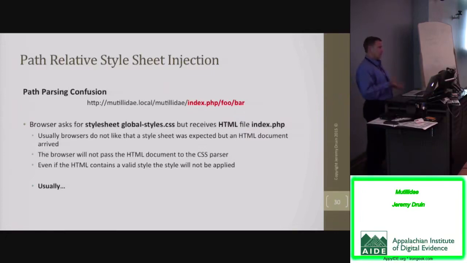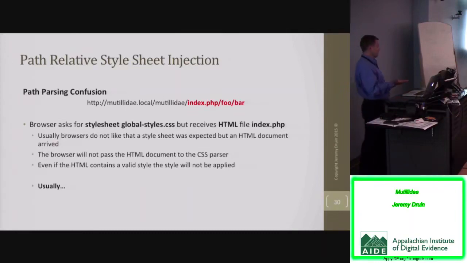So the browser wanted a style sheet, got back an HTML document. Usually this is not a big deal because the browser will look at the type of document that was returned. It can pick up clues like the doc type and the content type that's returned back as part of the HTTP body and the HTTP header, and it can reason that I wanted a style sheet, I got back an HTML document, something's wrong, and it'll just kind of bail out.